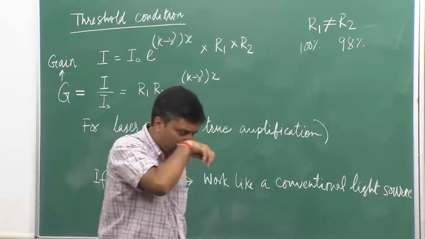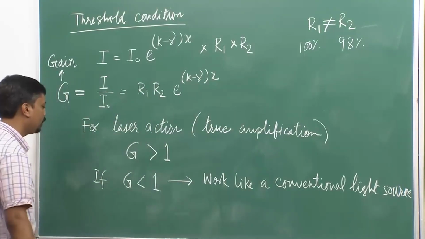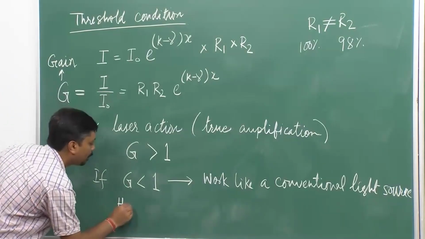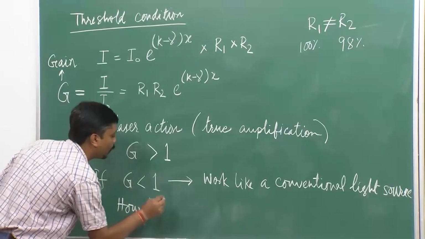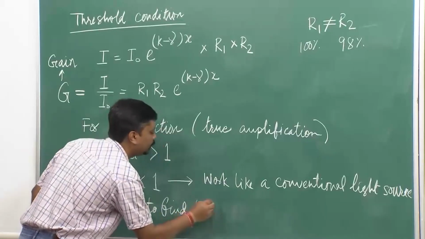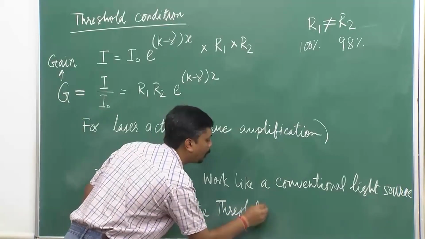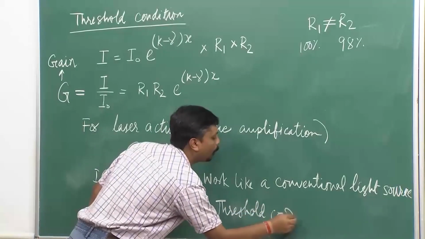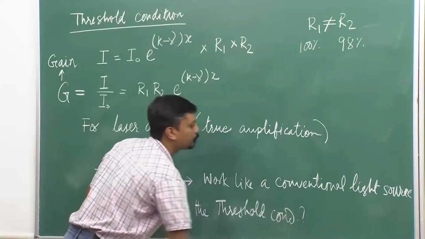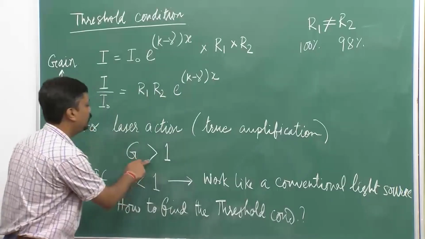So, how do I know what the threshold condition is? How to find out? Find the threshold condition. It is very easy, right? It has to be greater than 1.